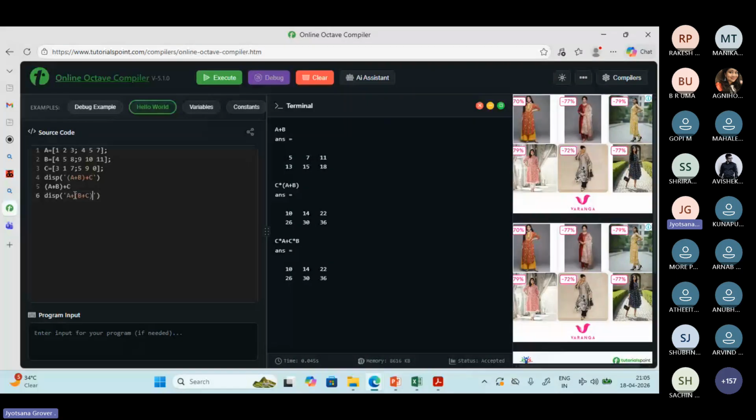Okay, now let me just execute it. So see the result, A plus B. So here you are adding two matrices first.